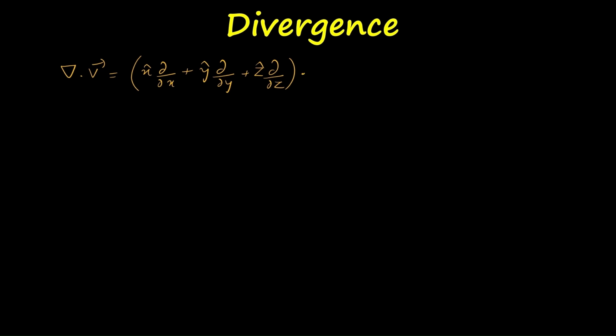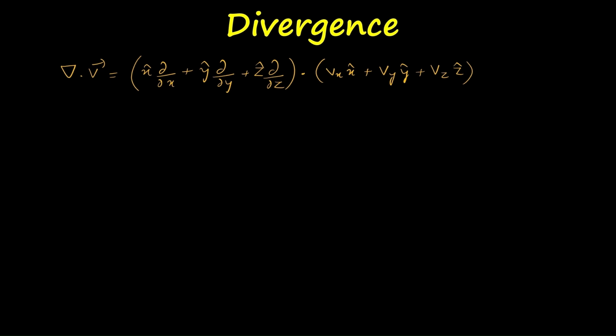Now, the vector v, I will write in terms of the components. So I can write vx x cap, then the y component, then the z component. Now this vector v can be any vector. It can be electric field, it can be magnetic field, or it can be the velocity of a fluid.